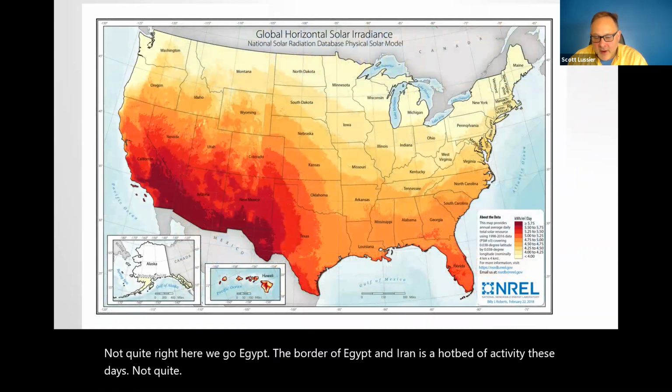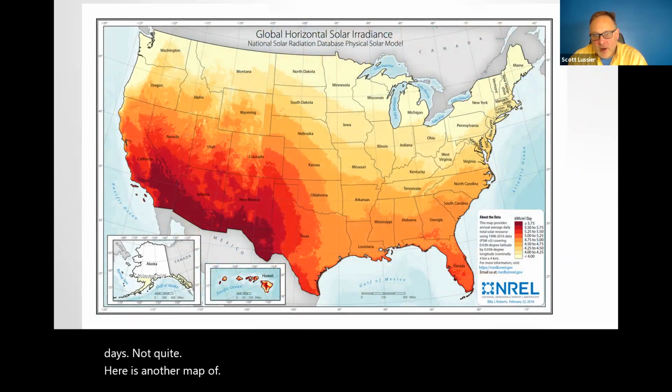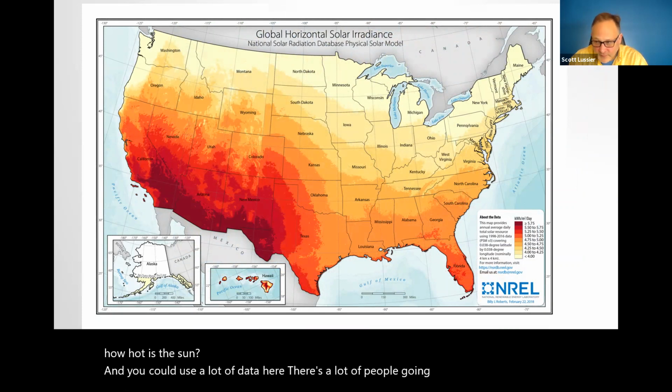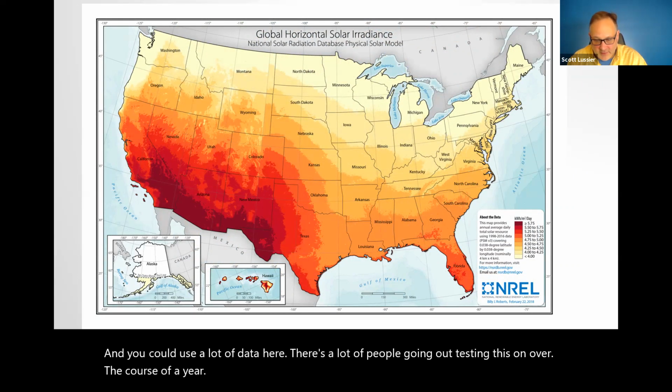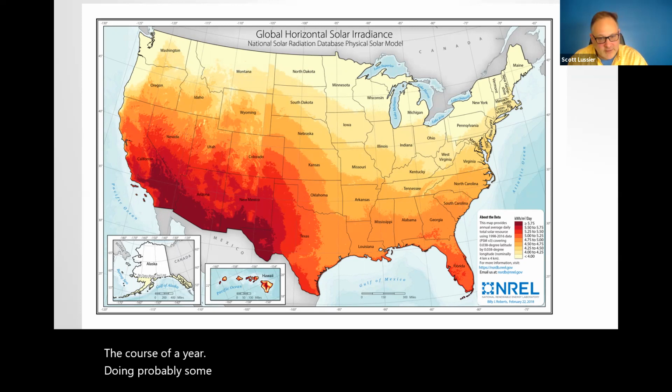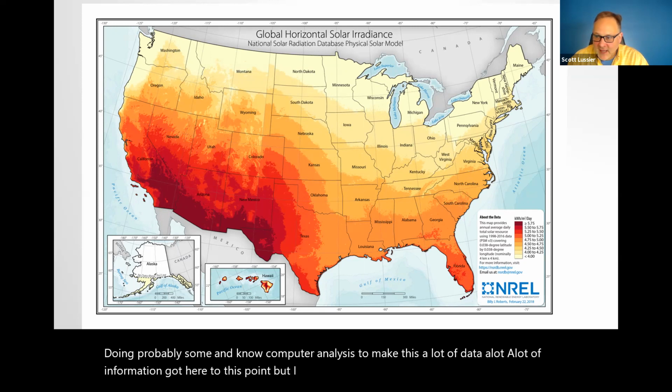Here is another map, of solar irradiance. How hot is the sun? There's a lot of data here. There's a lot of people going out testing the sun over the course of a year, doing probably some computer analysis to make this. A lot of data, a lot of information got you to this point, but I can figure this out in about half a second, right?